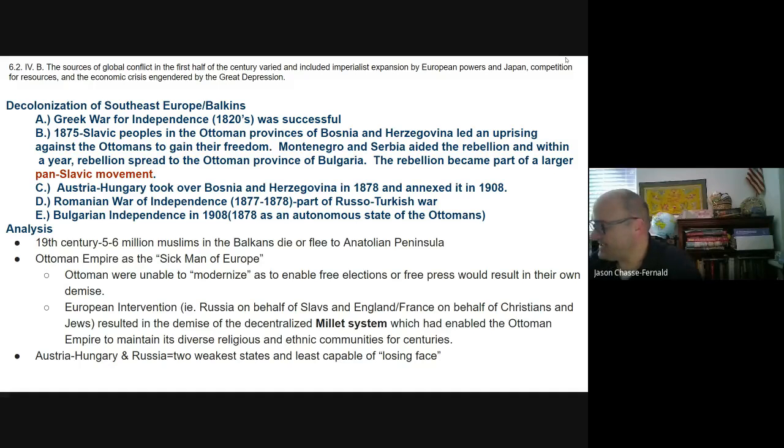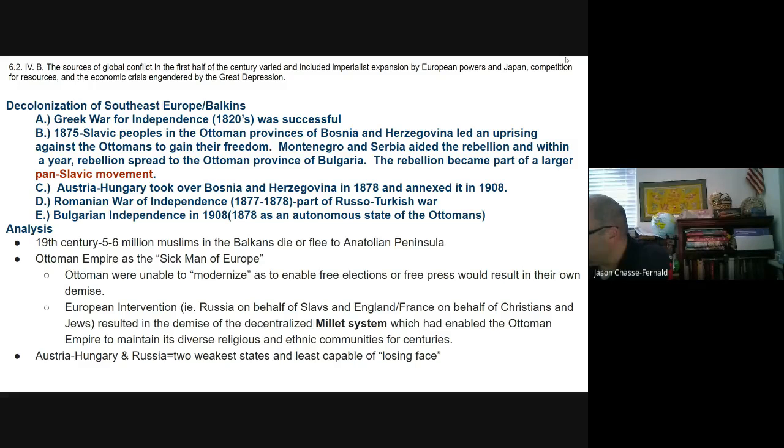All right, so in 1878, we see Bosnia-Herzegovina. We see Romania, right? And we see Bulgaria declared as an autonomous state, right?